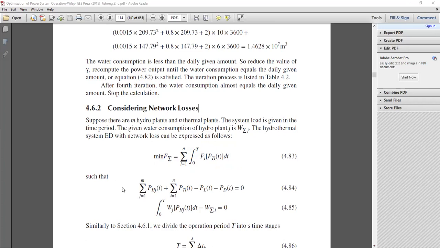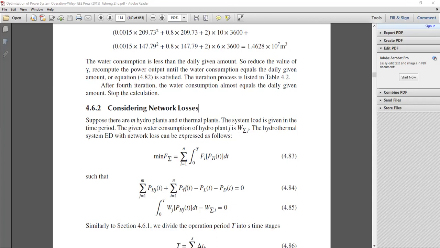So the constraint is you have the summation for j equals 1 to m of PHj as a function of time. So this is the hydro unit. All the hydro units, you are adding them up for j number of units, plus i equals 1 to n.